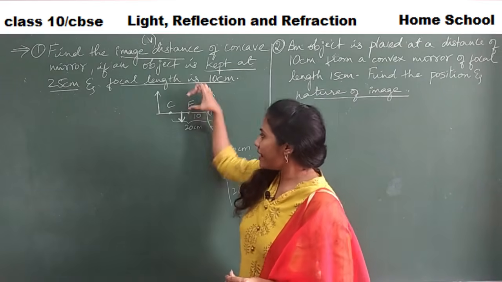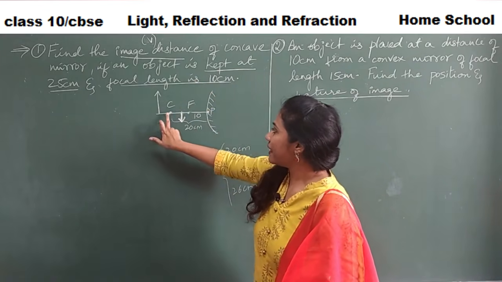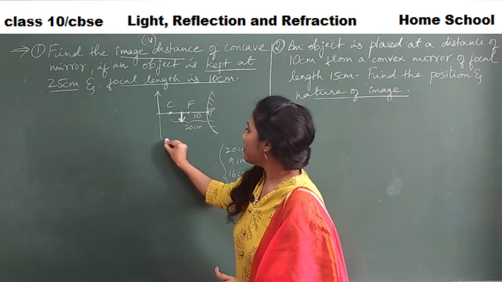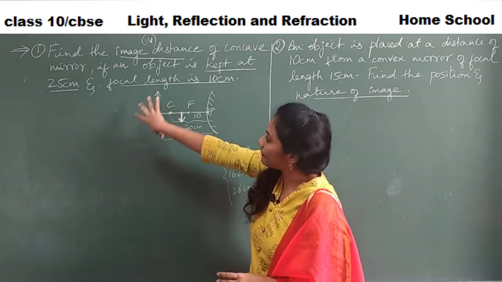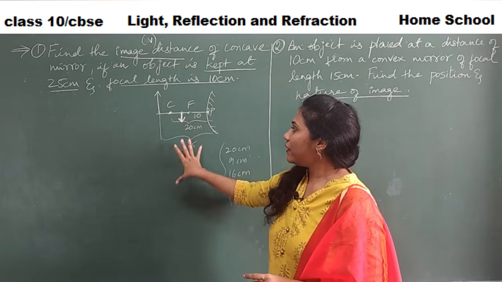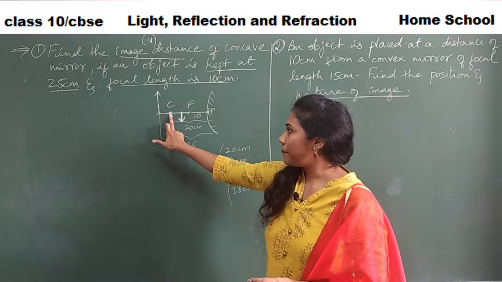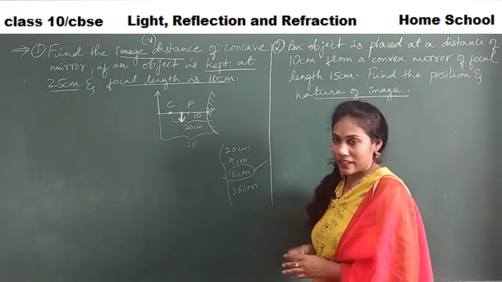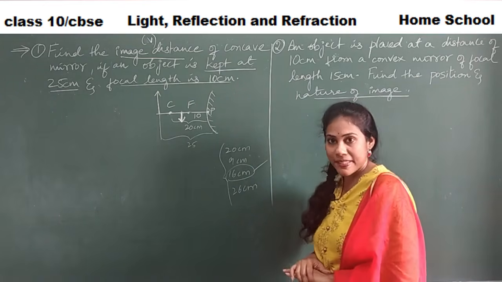Object distance is 25 centimeter, guys. That means the object is kept beyond C, so the image you will get between C and F. According to the given information, your answer is between 10 and 20. Which value is there? 16 centimeter. So you can mark 16 centimeter if it is an MCQ.